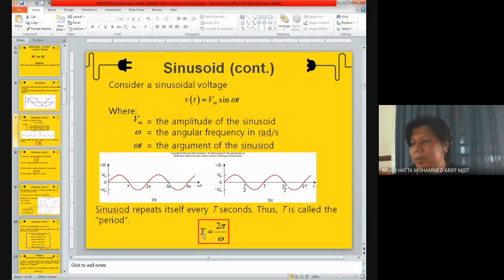T, or the period, equals 2 pi over omega. In other words, what is omega? Omega is 2 pi over T, or omega equals 2 pi f. This is the standard equation for omega. Omega equals 2 pi f. Please remember that.